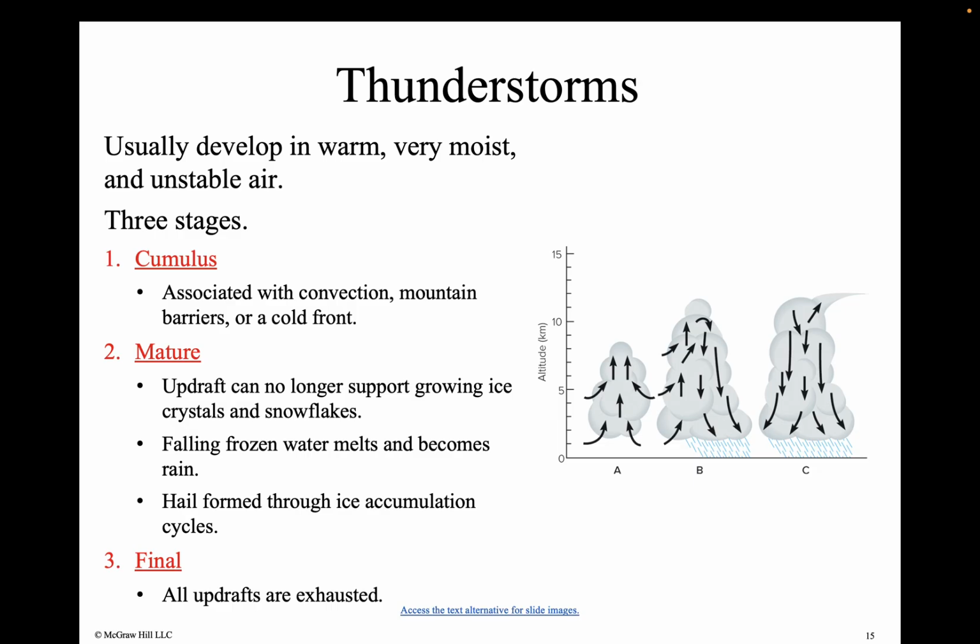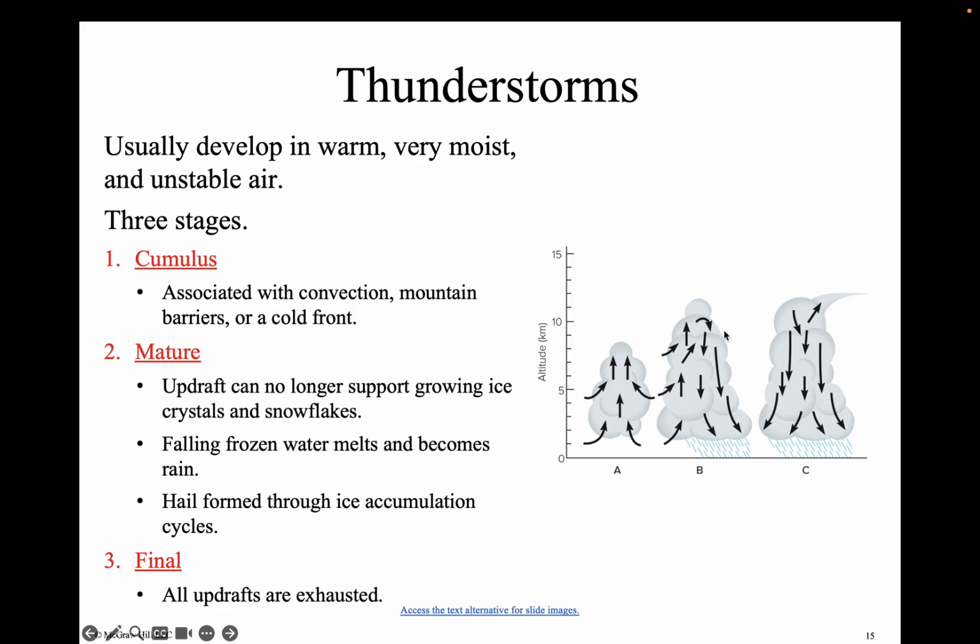And depending on the temperature, some of that falling frozen water can melt and become rain, like water in its liquid state. Or they can form hail, again, depending on the temperature where it is occurring. So that's stage B, where you have the water falling back, the water precipitating either in its liquid state or as ice as well.